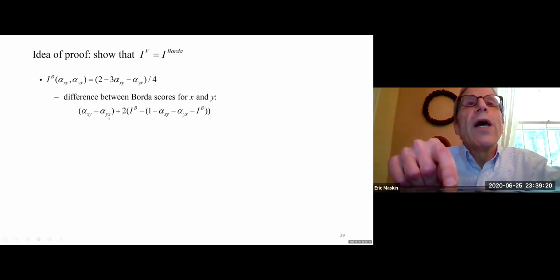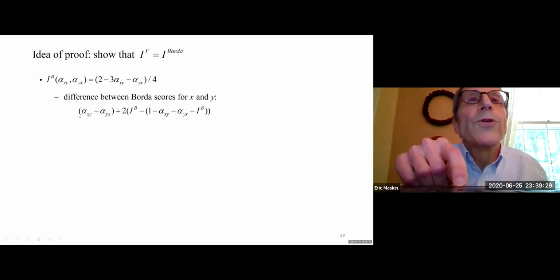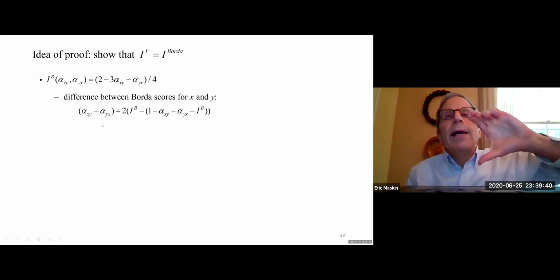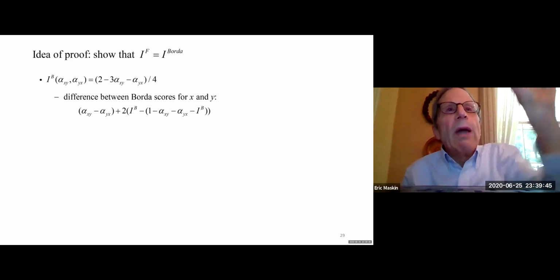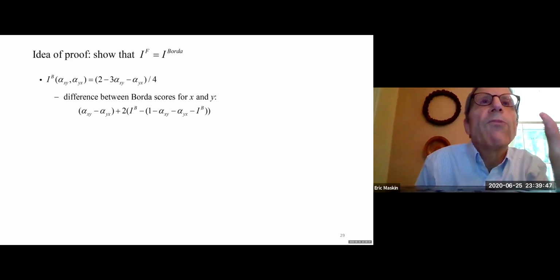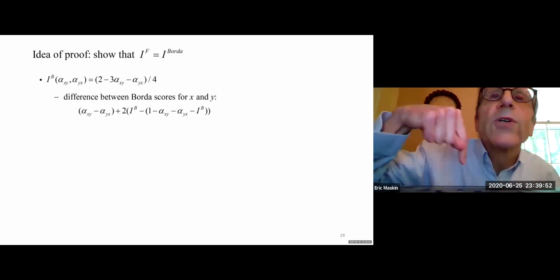And if someone ranks y above x, y gets one more Borda point than x for each such person. So this difference here corresponds to how many additional points x gets compared with y when we're just looking at preferences where z does not lie between x and y.